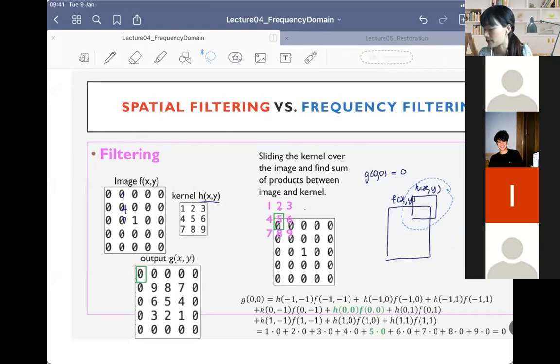Whenever you find the overlapping pixels, you calculate the sum of the products of the area that has been overlapping, and you do that all around. So this is the filtering that we have learned in the third week.